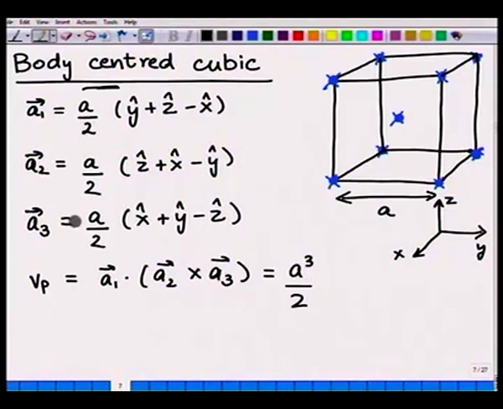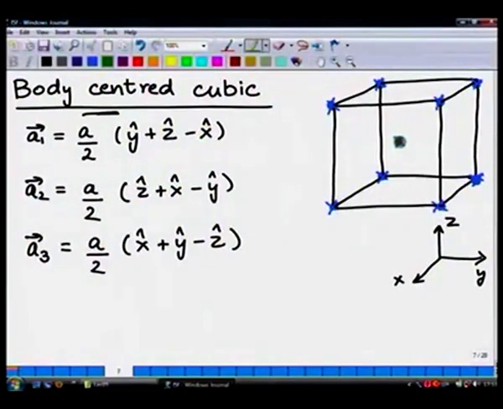The orientation I am using is x in this direction, y in this direction, and z in this direction. Let us look at A1. For A1, we move a by 2 in the y direction, a by 2 in the z direction, and a by 2 in the minus x direction.